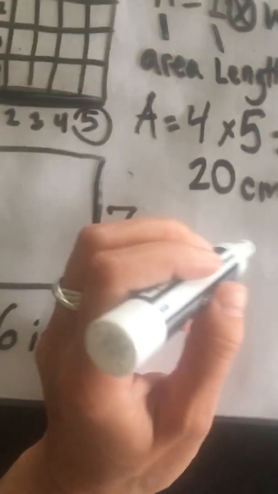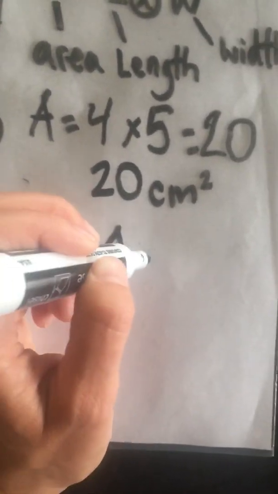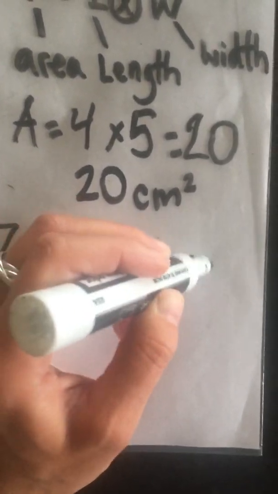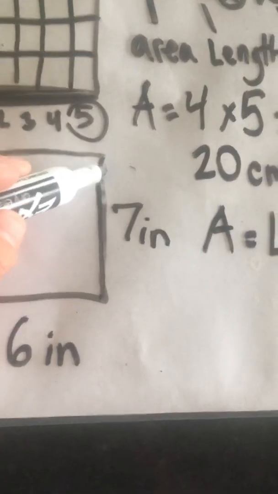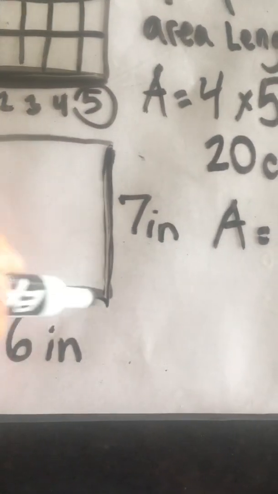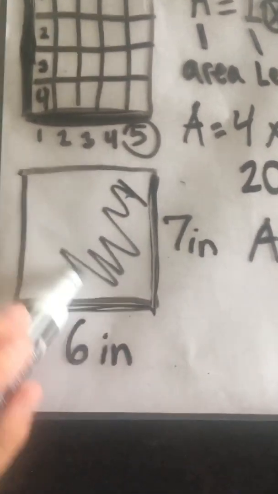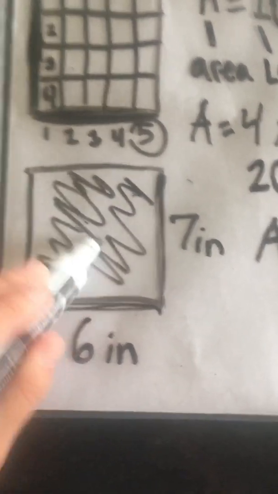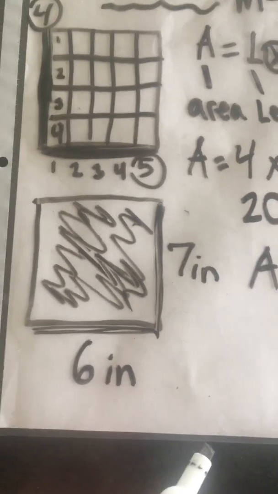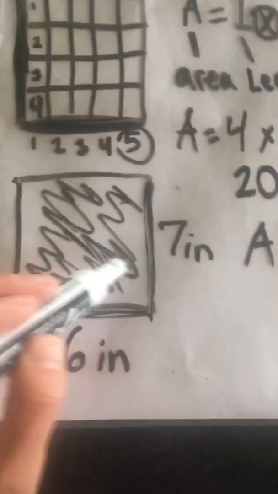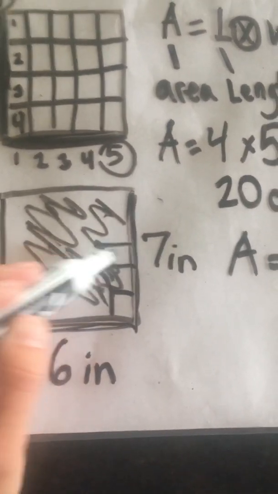So we're going to take our formula A equals L times W. Length times width. And we know we're solving for the area inside of the square when we times these numbers together. And we're looking at all the little squares inside.